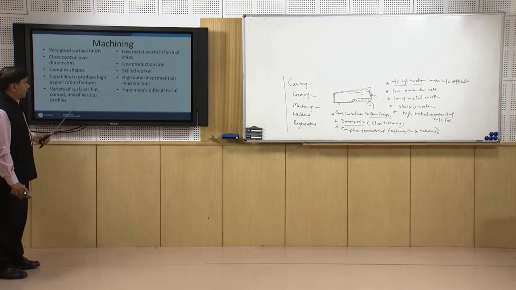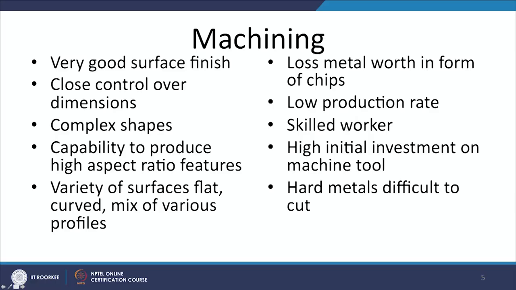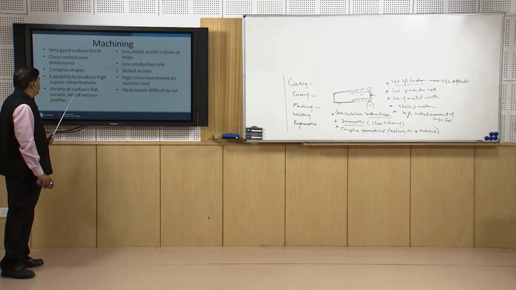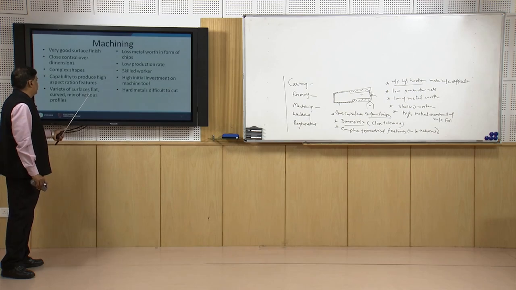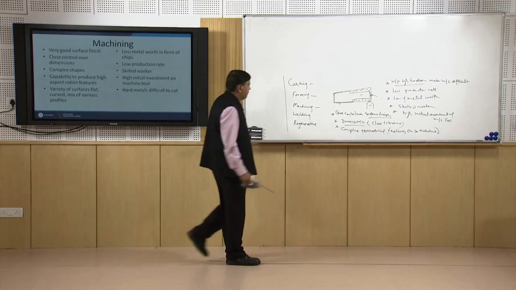On the advantage side, very good surface finish, very close control over the dimensions, and very complex shapes can be produced, and it is capable of producing very high aspect ratio features which otherwise cannot be made using forming and casting processes, and a variety of surface features like flat, curved or mixed of various profiles can be easily made. So, these are the advantages and the disadvantages and limitations associated with the machining processes.